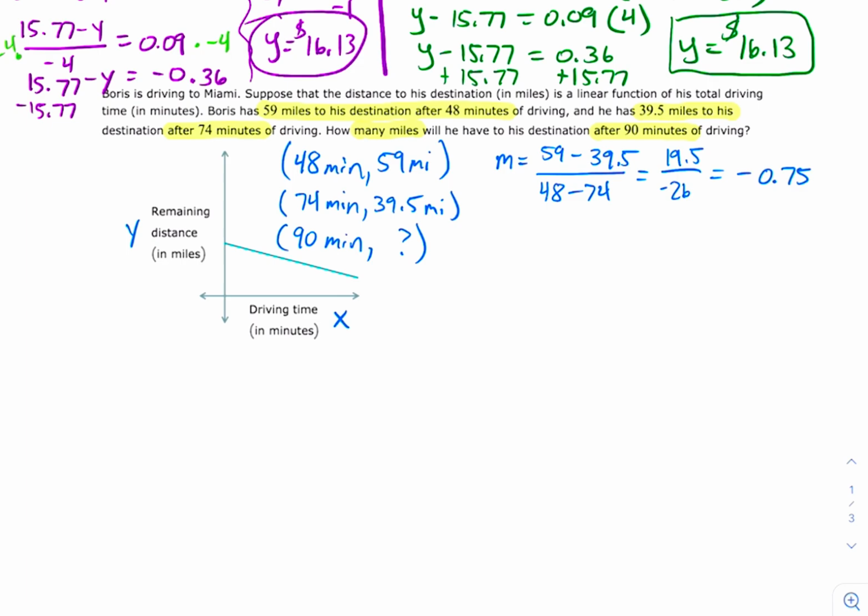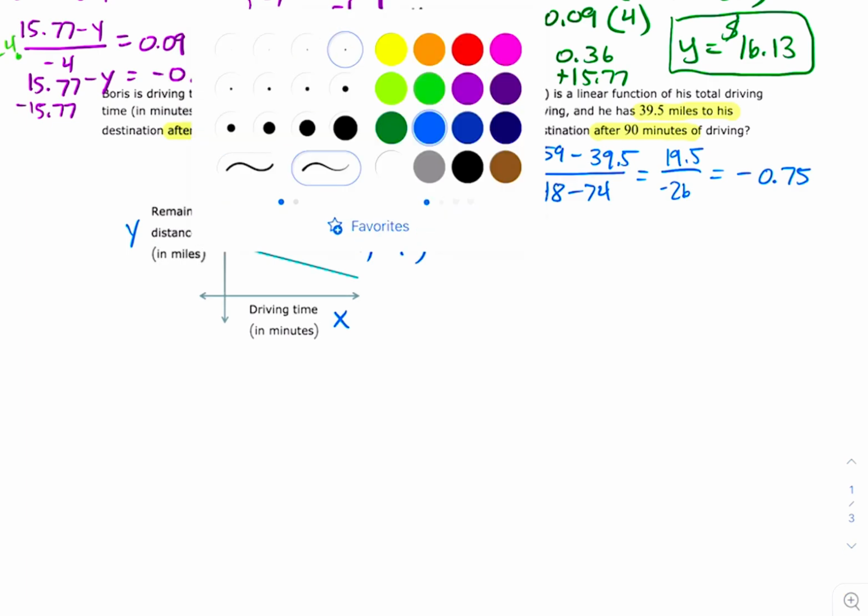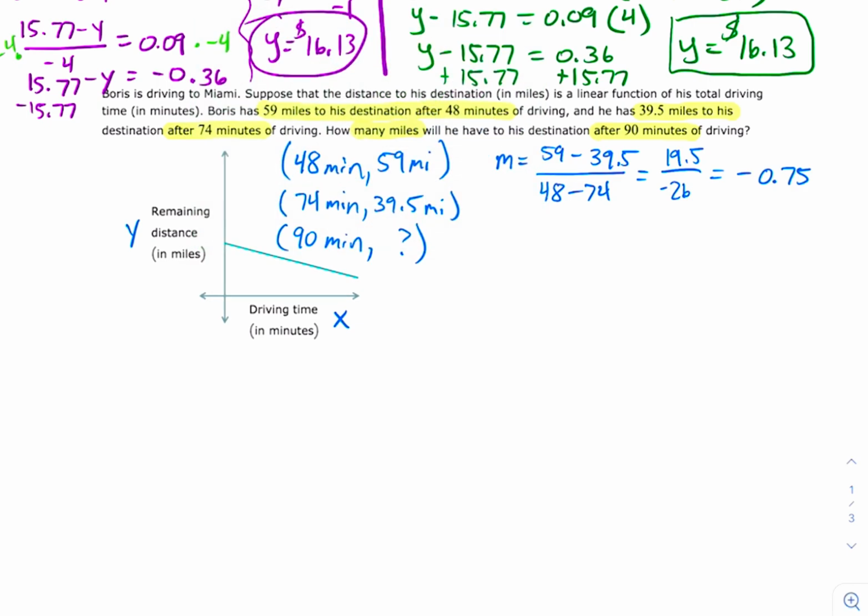Okay. Now again, depending on which method you prefer is going to determine your next step. If we're using that first method that I showed you, where we're doing y minus y1 equals our slope times x minus x1, I'm going back to one of the originals. So I'm going to say that this is my x1 and my y1, and I'm going to substitute that in.